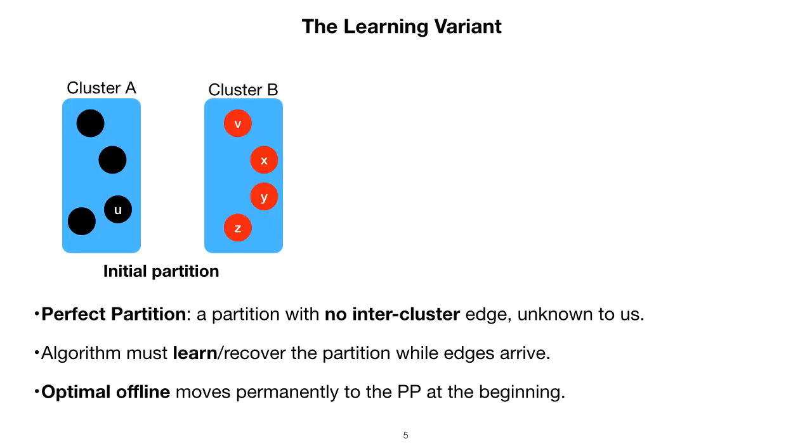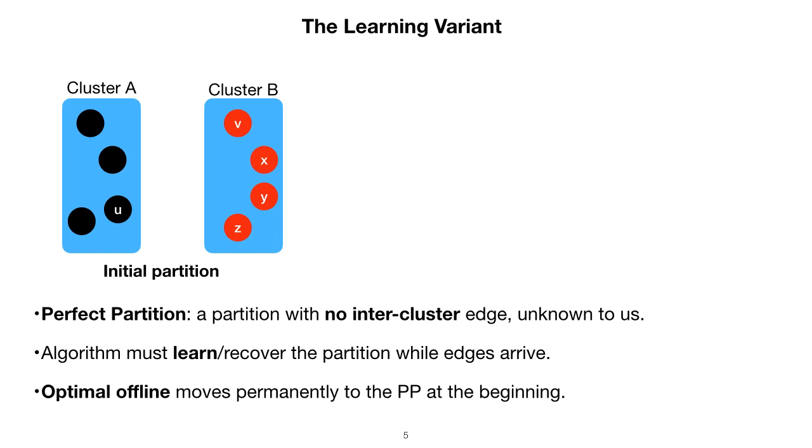In this work, we address the special case of the balanced partitioning problem, which we call the learning variant. In the learning variant of the perfect balanced partitioning problem, we assume the existence of a perfect partition. A perfect partition is a special partition that has zero cost for the input sequence.